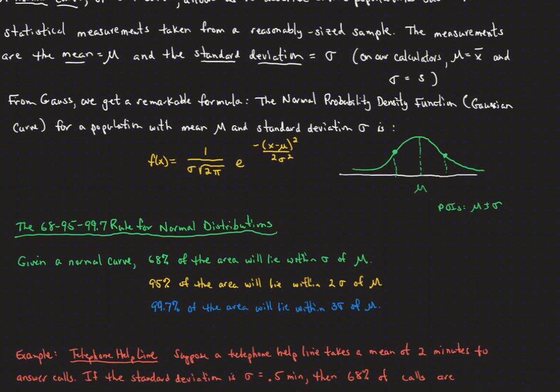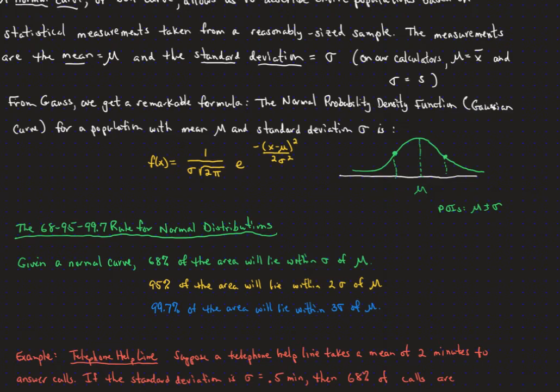Now, from Gauss, that German mathematician, we get a remarkable formula, the normal probability density function. It's also called a Gaussian curve, named after Carl Friedrich Gauss, the guy that came up with this, for a population with mean mu and standard deviation sigma.